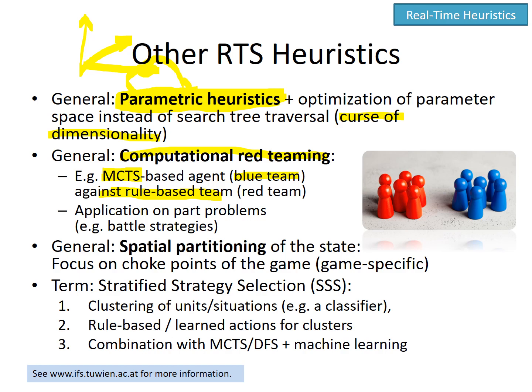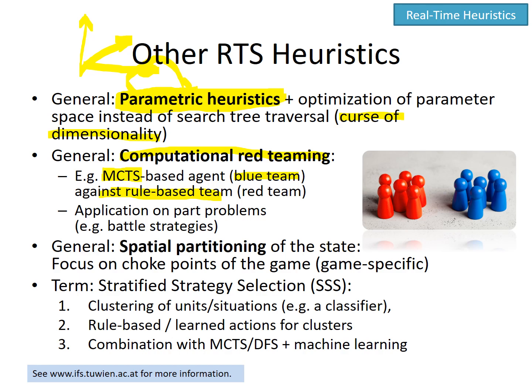Okay. One particular aspect of that is that you can apply this red teaming on particular partial problems that you have, like for example only improving the battle behavior and leaving out the protection aspects that many real-time strategy games have.